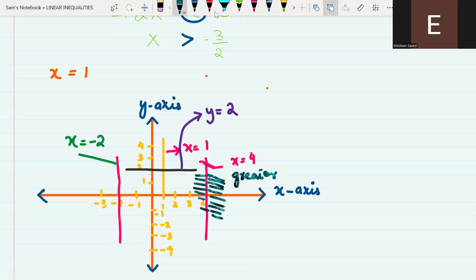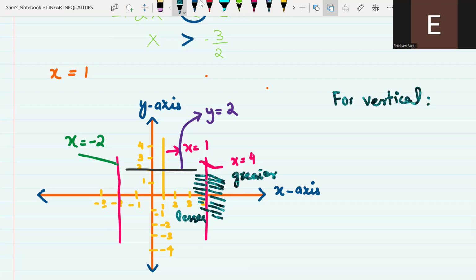For vertical lines, is this point clear or not? Yes, sir, it's clear. So lesser values are coming on the left hand side, and greater values on the right hand side. So what about a horizontal line?